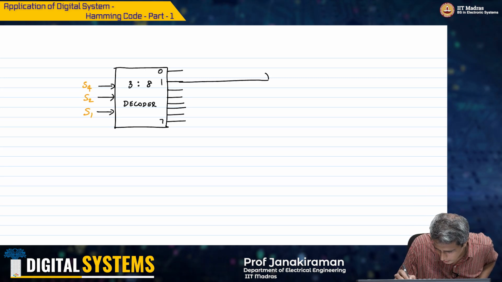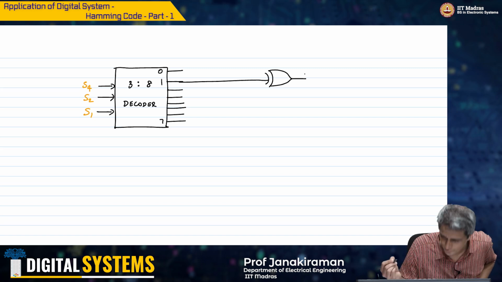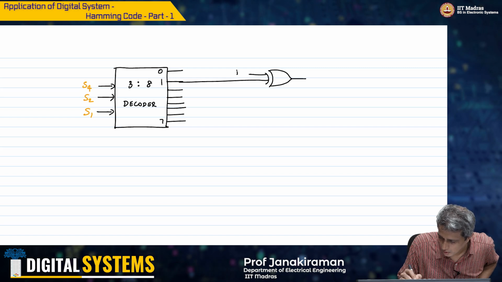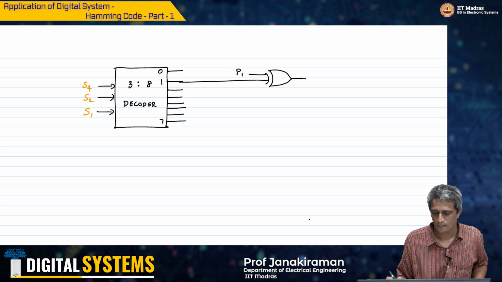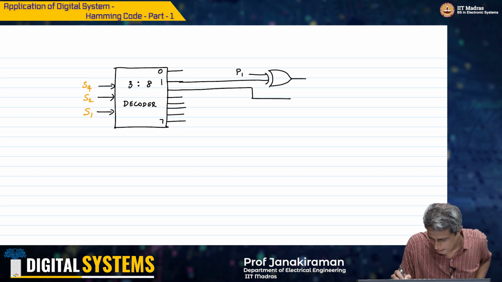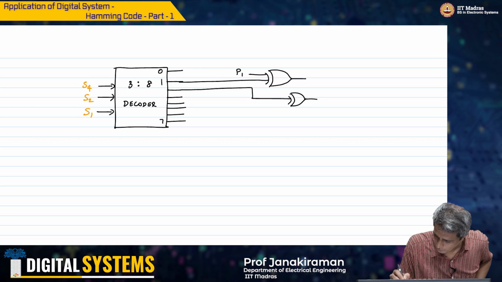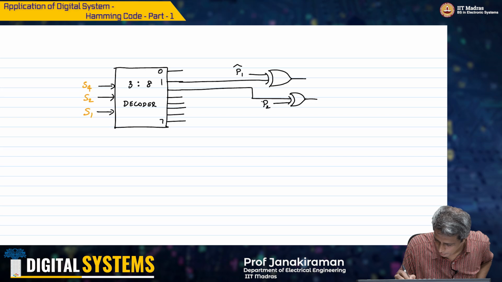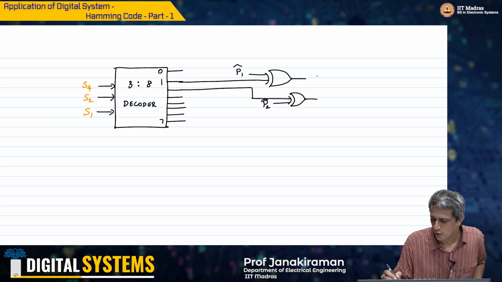For example, this is another XOR. This is P1, and I will receive this bit. This is going to be my P2, and this is my P1 hat, P2 hat, and I will get the actual value out.